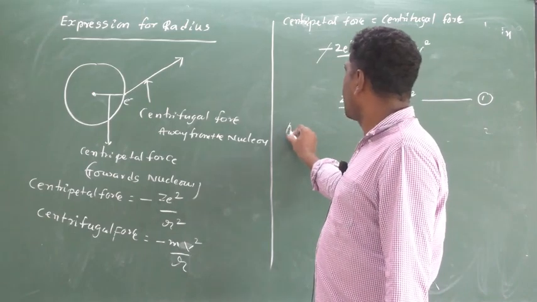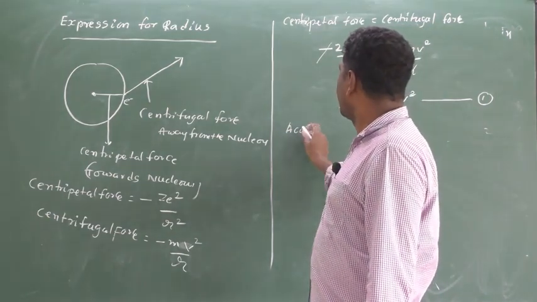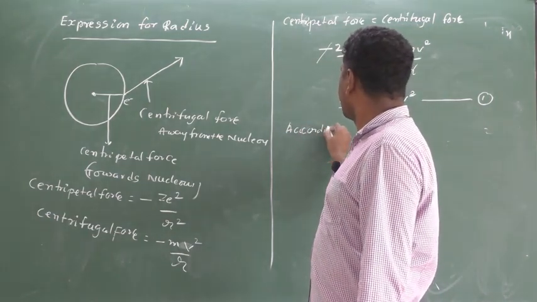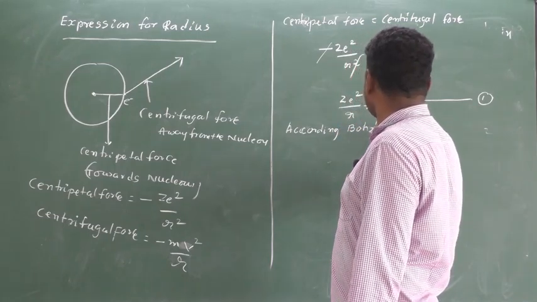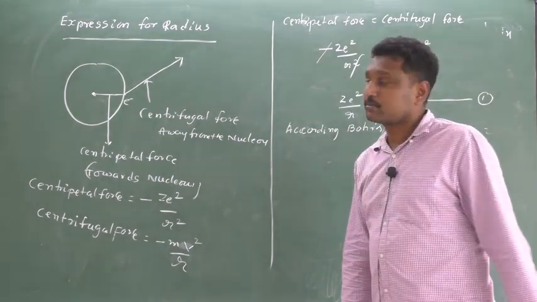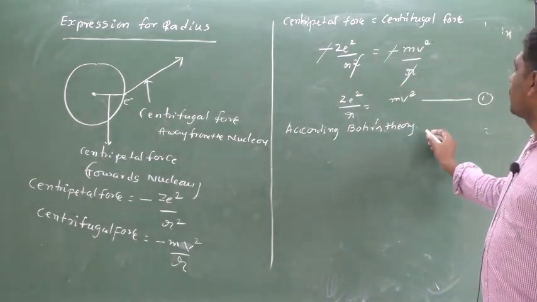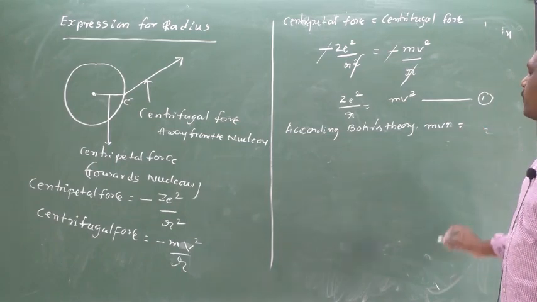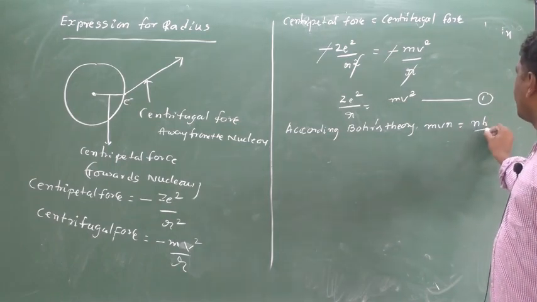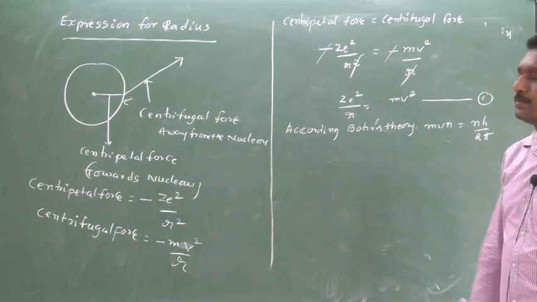According to Bohr's theory, the angular momentum of an electron, mvr, is equal to nh by 2 pi.